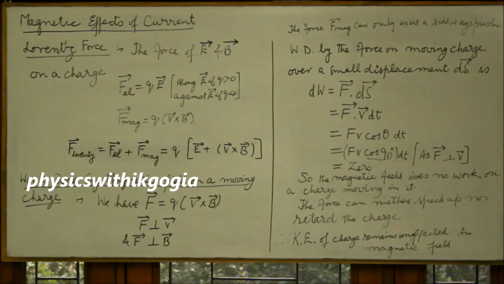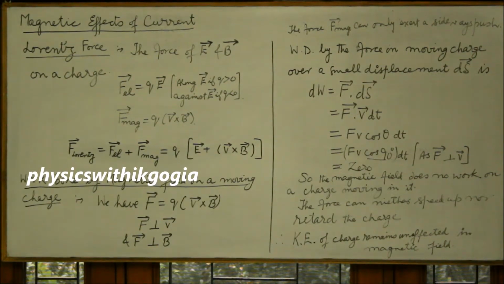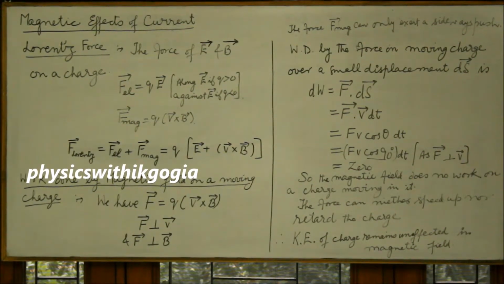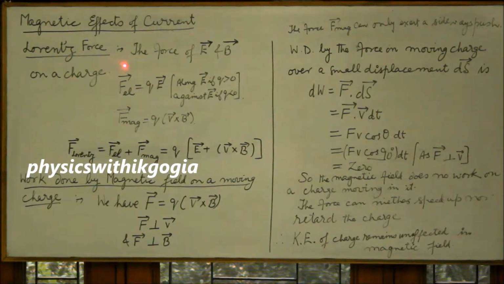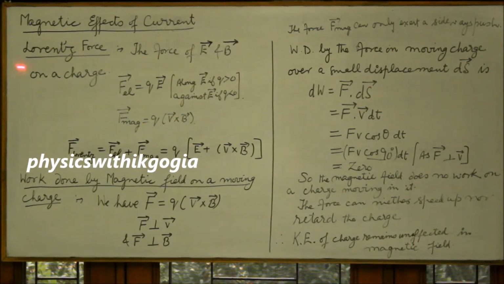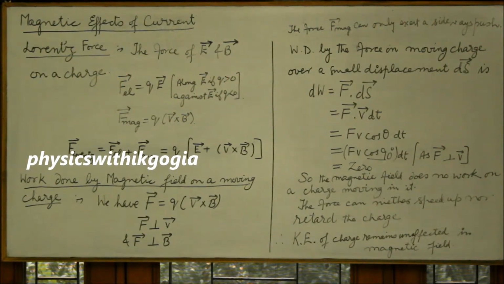Now, after defining the magnetic field intensity and its SI units, let's get the final expression for Lorentz force. The force of electric and magnetic field on a charge is called Lorentz force.